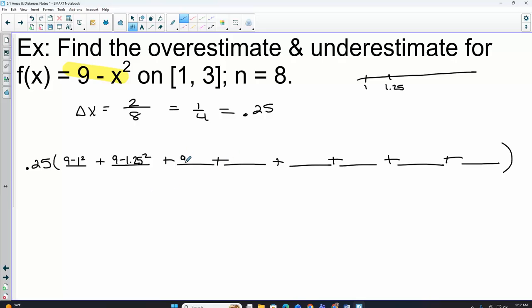So the next one will be 9 minus 1.5 squared, 9 minus 1.75 squared, 9 minus 2 squared, 9 minus 2.25 squared, 9 minus 2.5 squared, 9 minus 2.75 squared. If you start with the left-hand point, so we started with 1, we should end before we get to 3. All right, let's plug this in.